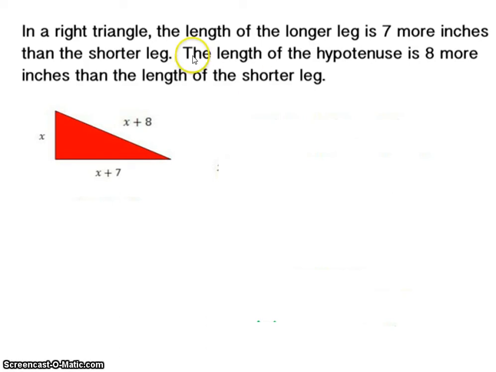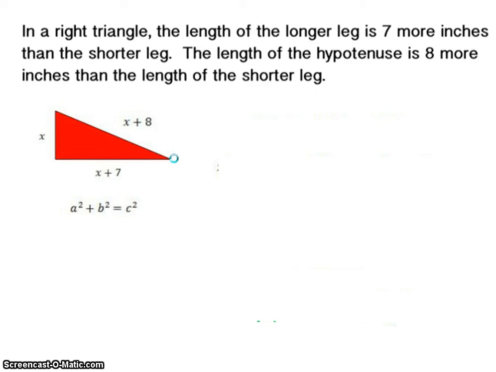It says that the length of the longer leg is 7 more than the length of the shorter leg. So if I make the shorter leg x, then the longer leg is x plus 7. And then it says the hypotenuse is 8 more than the shorter leg. So that's x plus 8. Now, I'm sure that all of you remember the Pythagorean theorem. And so, if you're going to use a formula like the Pythagorean theorem, it's a good idea to write it down.